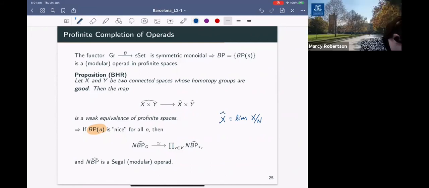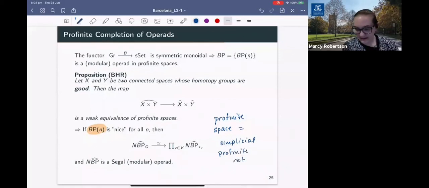Yes, I misunderstood your question. So a profinite space is a simplicial profinite set.